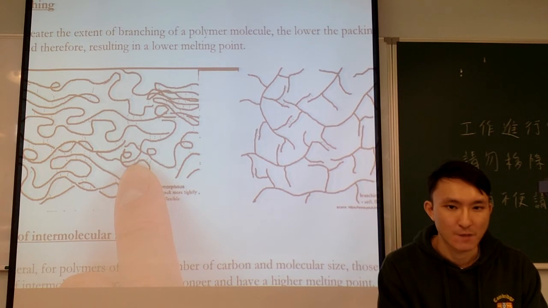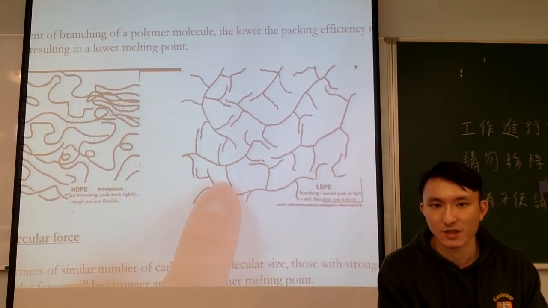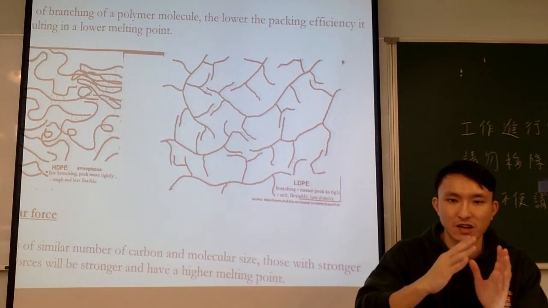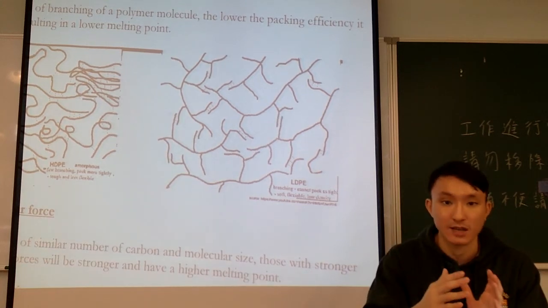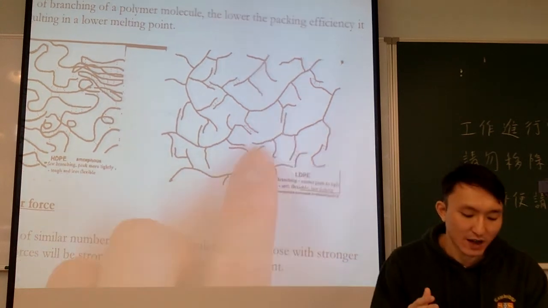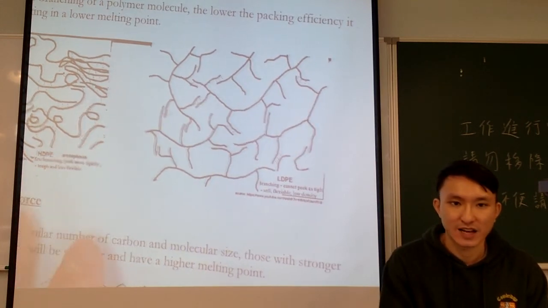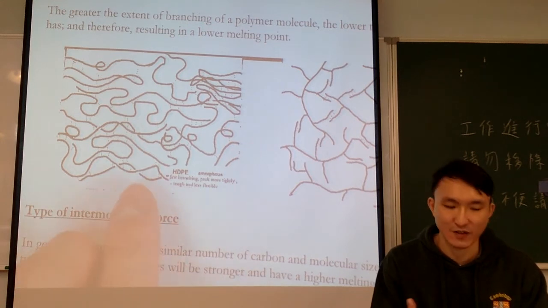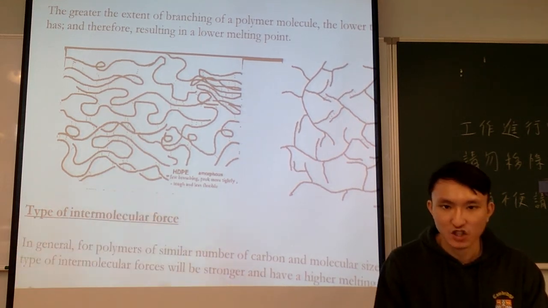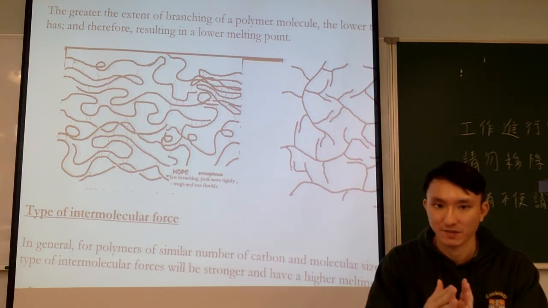If it has a lot of branches, then the polymer molecules are less likely to pack very close. In other words, the polymers are packed loosely, leaving a lot of empty space between the chains. On the other hand, if you do not have a lot of branch chains, or you don't have any at all, then the chains are able to pack very close to one another.